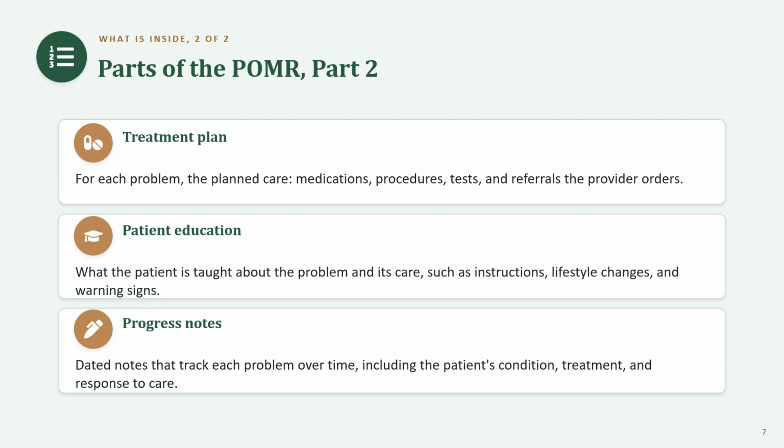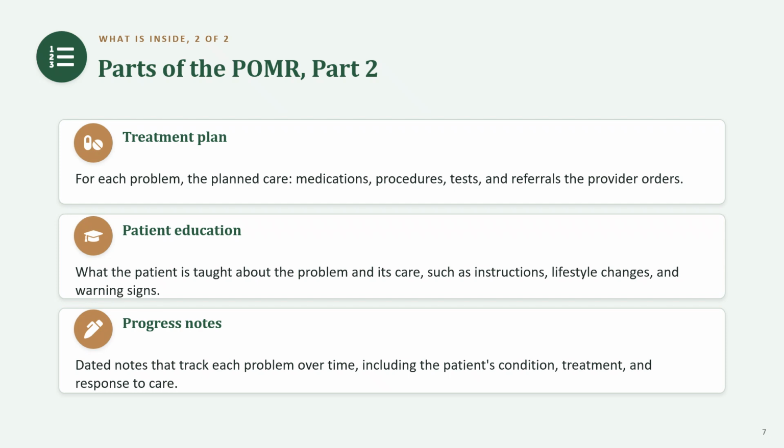This captures what the patient is taught about the problem and how to care for it. Things like medication instructions, lifestyle changes, and the warning signs that should prompt a call or a visit. Documenting education matters because it shows the patient was informed and you will often be the one doing and recording that teaching.